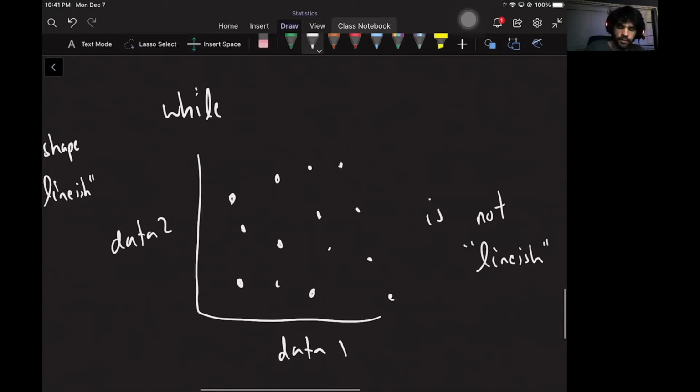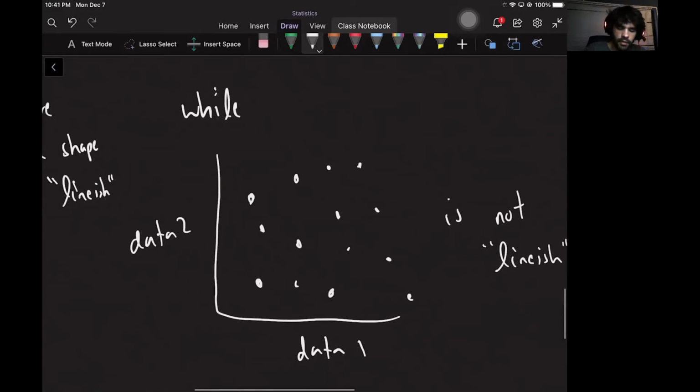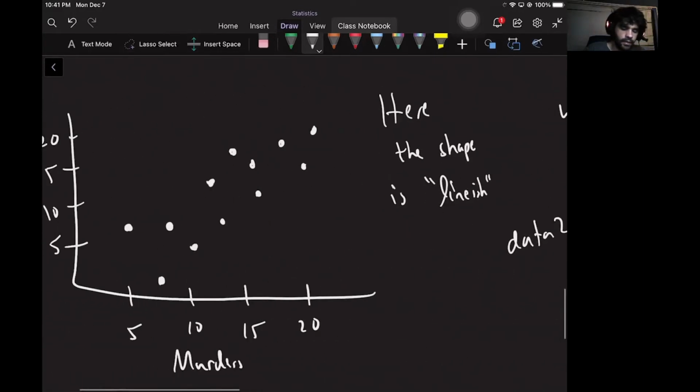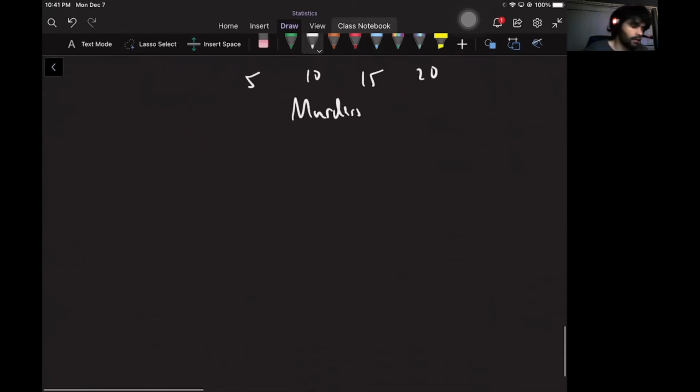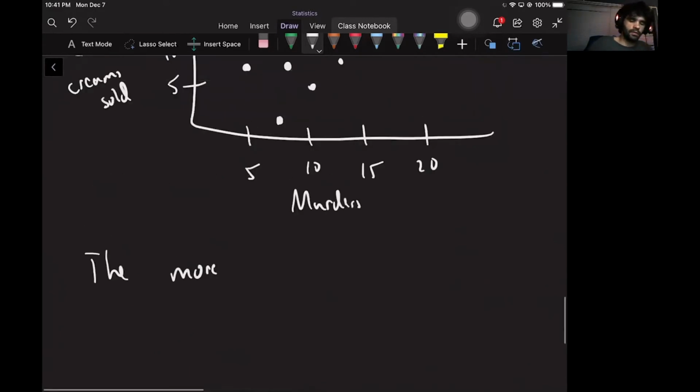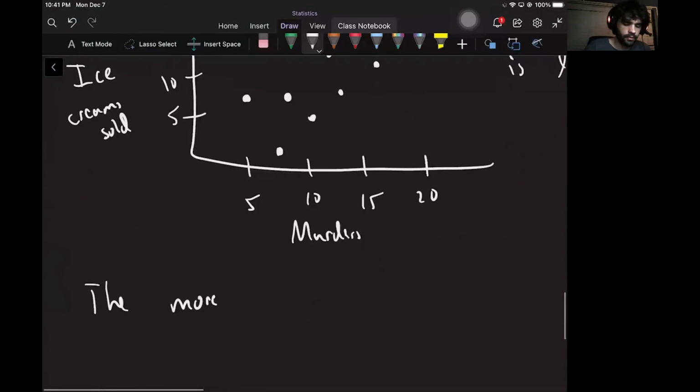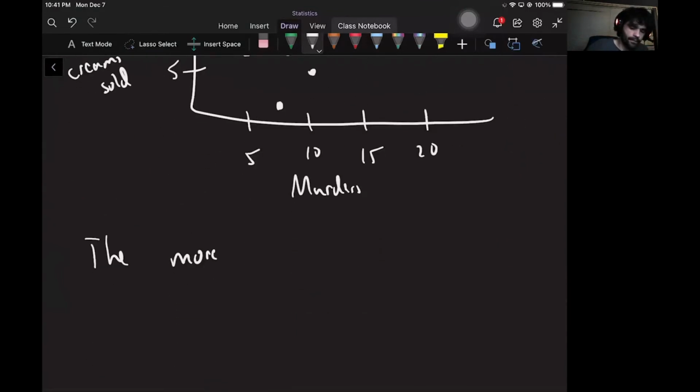So line-ish is something you look at and decide on the spot. No, that's not really like a line. Yes, this one's like a line. So the idea is that the more line-ish, the better. We can see here, this one's pretty line-ish. It's pretty good. So line-ish is not a technical term, but we don't have a better term for it yet.